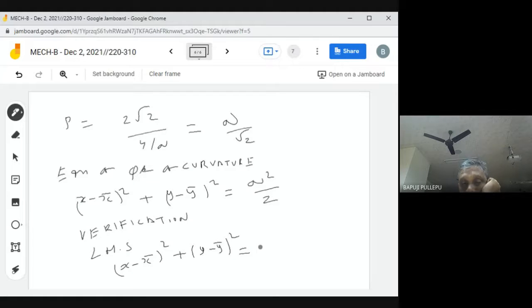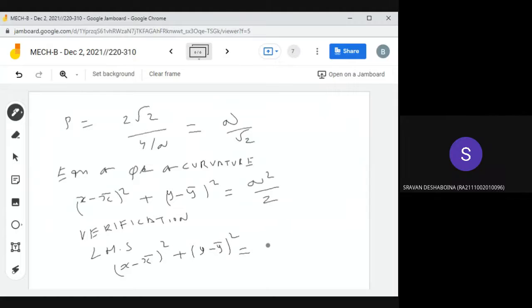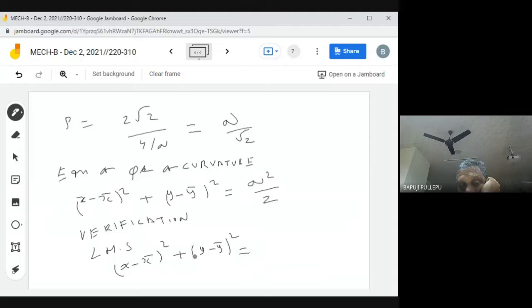What is the point? a by 4, sir. a by 4, and x bar is what? 3a by 4. Simplify: a by 4 minus 3a by 4, whole square, plus a minus 3a by 4.